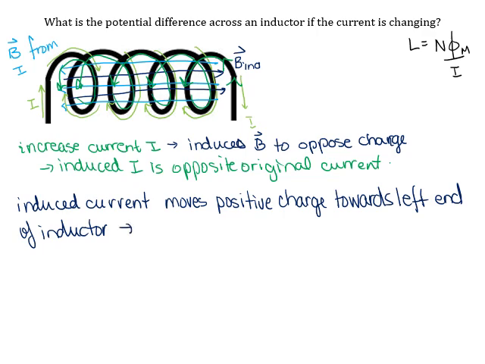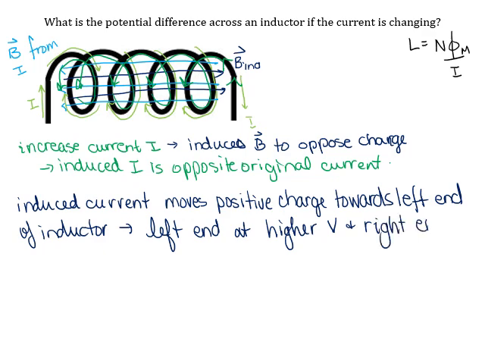So if we get our positive charge built up on the left end, it means the left end is at a high potential, and the right end at lower potential. Let's label that in our diagram.